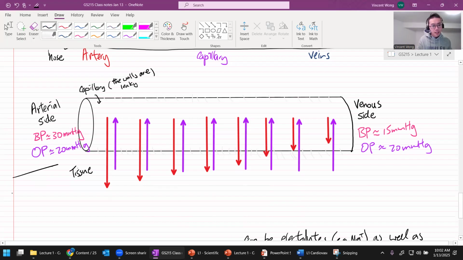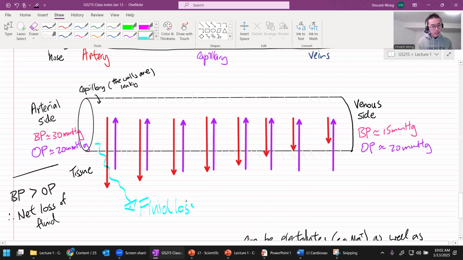On the arterial side, BP is greater than OP. Therefore, we have net loss of fluid. Okay. The blood pressure is stronger. We're pushing more fluid out than we're able to bring in. And as a result, we have net fluid loss.